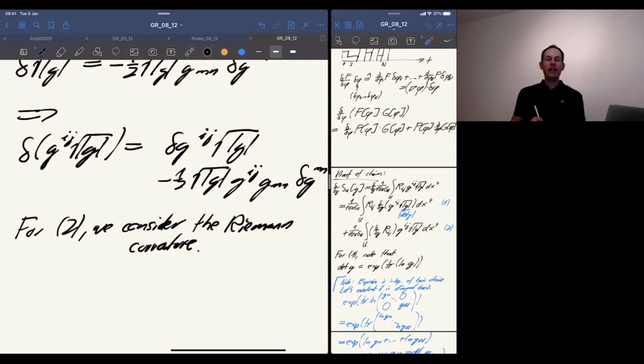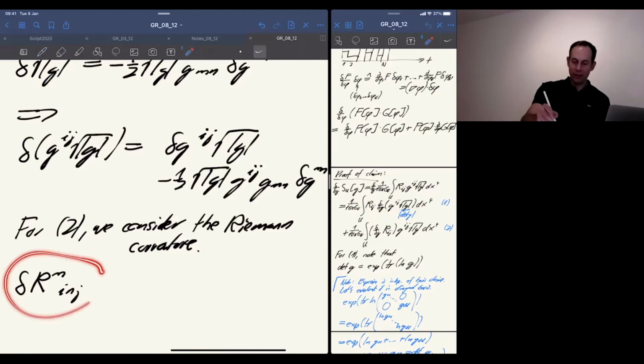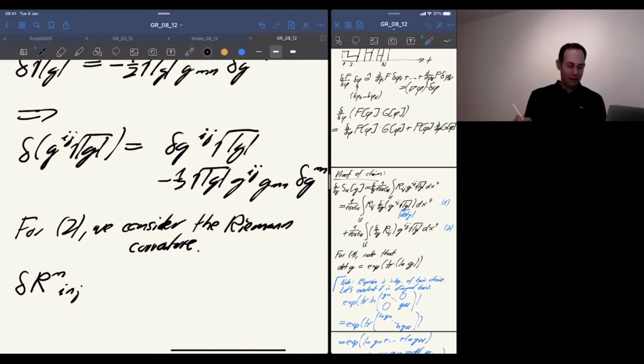I think it was really Hilbert who made this calculation for the first time. And I have to admit that I would probably have given up at least at this point, if I didn't know that the solution would be so nice at the end, when you have to take the variation of the Riemann curvature. This is an incredibly, I shouldn't say ugly object, but at least if I write it down in terms of coordinates, it is actually a rather ugly object.